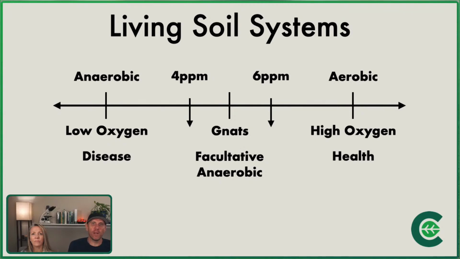We're never going to try and kill the gnats. Instead, we're going to pay attention to our watering volumes, the thickness of our mulch layer, and things like that that would lead to anaerobic conditions at that soil surface. The gnats are perfectly performing their function in nature by feeding on the anaerobic bacteria that are present below 6 parts per million of oxygen.